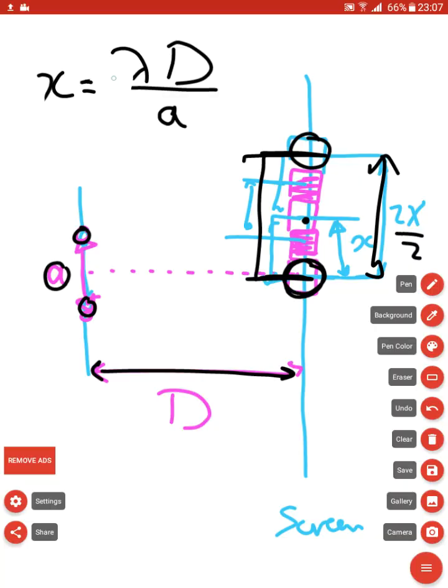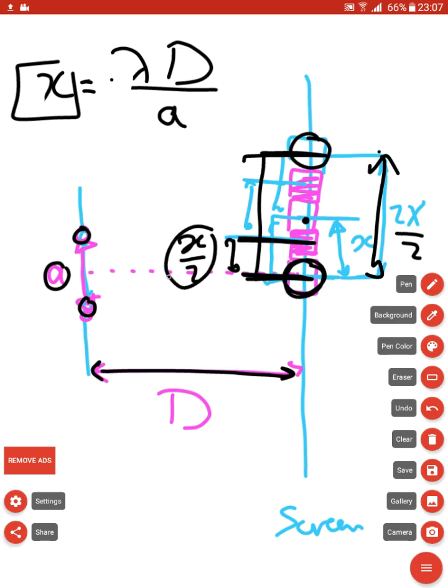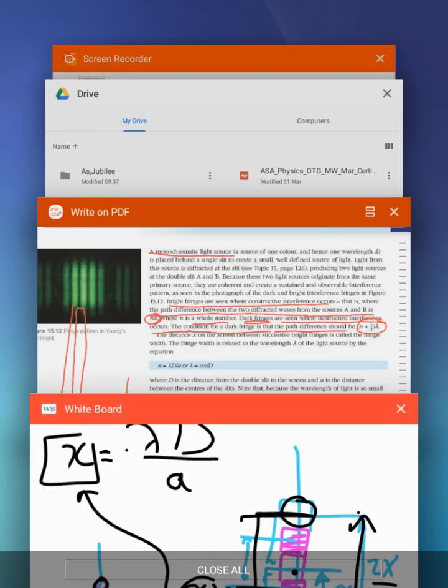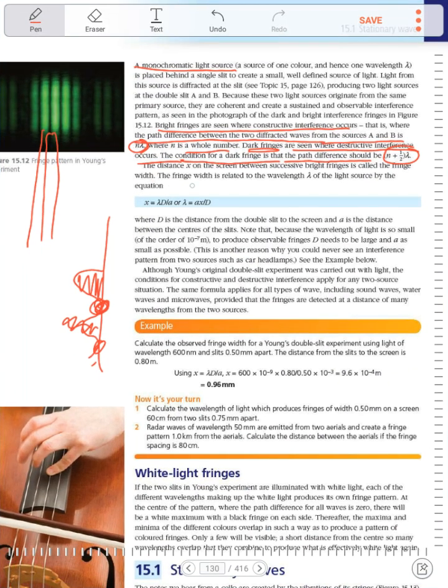Now, if you're given the distance between the central bright and the first dark, this distance is x over 2. So you have to multiply this by 2 and put it here. So x equals lambda D over a. In this way you can find the value of the wavelength.